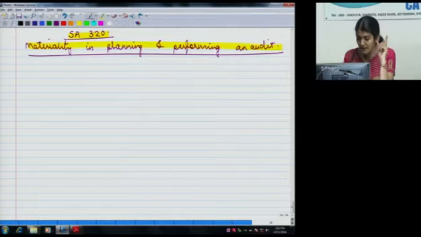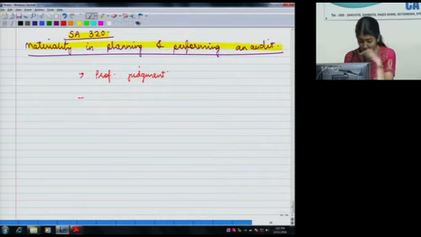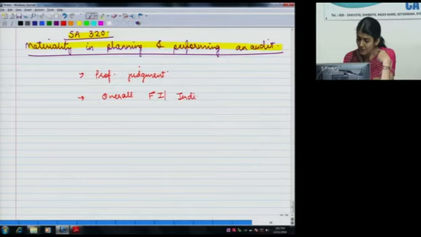So one, what did I tell you? Determination of materiality is a matter of professional judgment. Second, it says auditor can determine materiality for overall financial information as well as for individual account balances.